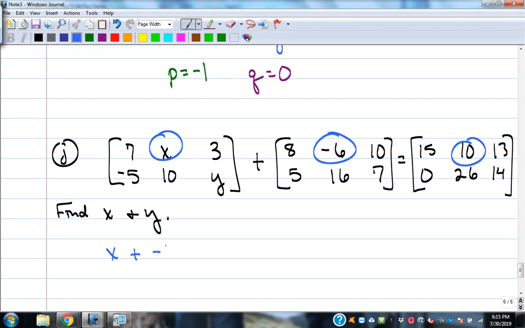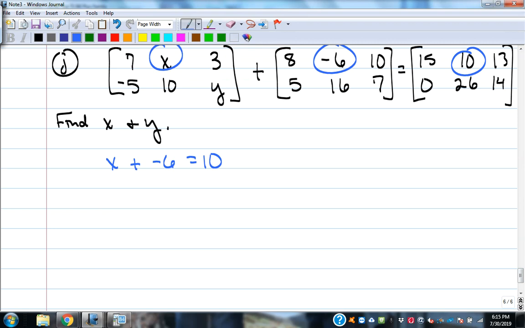X plus -6 equals 10. And we get the equation for X. We just solve that just like any equation way back. So we're going to add 6. X is equal to 16. What would the equation be for Y?